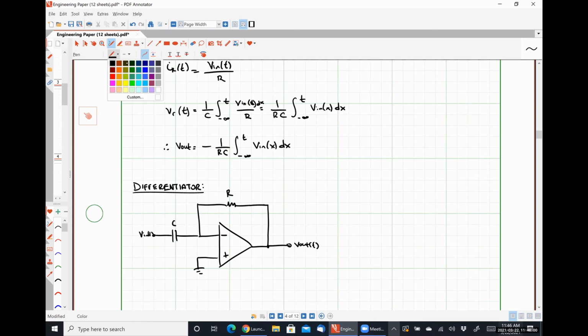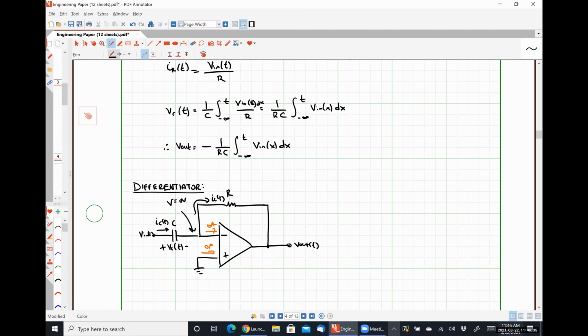So if I apply my ideal op-amp rules, this current is 0 amps, this current is 0 amps. The voltage at this node, V minus, is exactly equal to 0 volts. So we are going to have some capacitor voltage, Vc of t, which causes some current, Ic of t, and that current then flows through this resistor, which is what winds up giving us our output voltage.